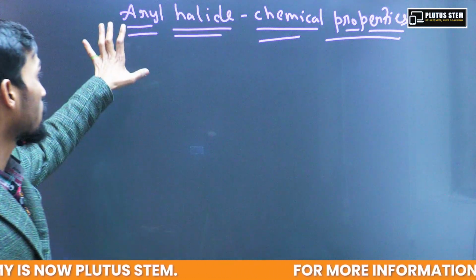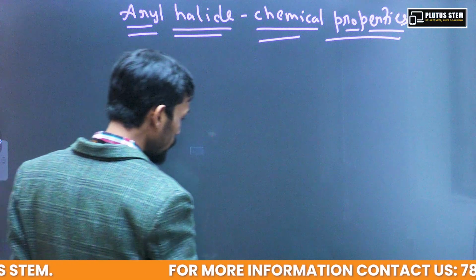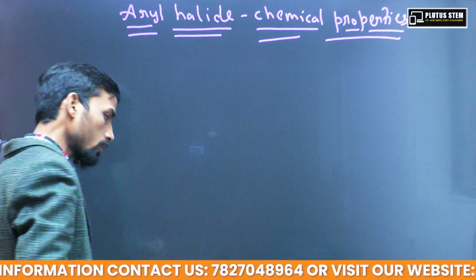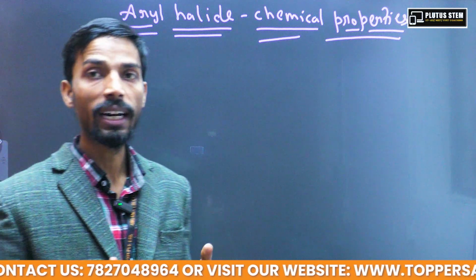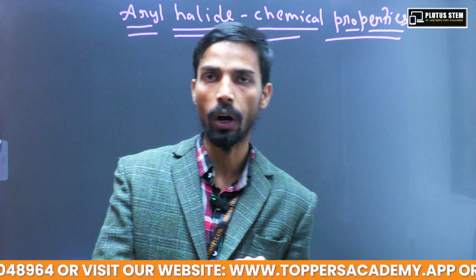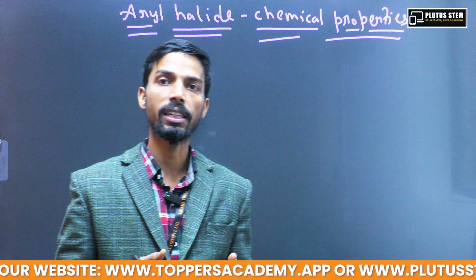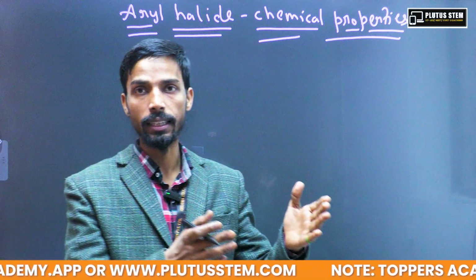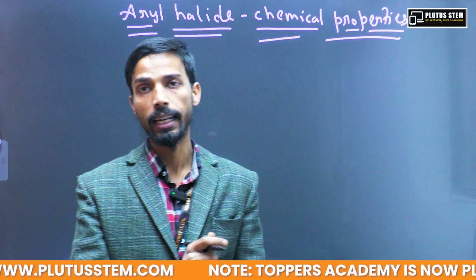So today we will be discussing how these aryl halides react with various reagents, what mechanisms they follow, whether they follow substitution or electrophilic reactions, and whether they follow the trend that we have seen in alkyl halide.